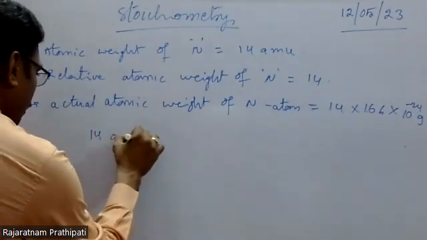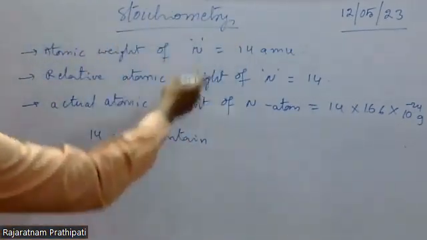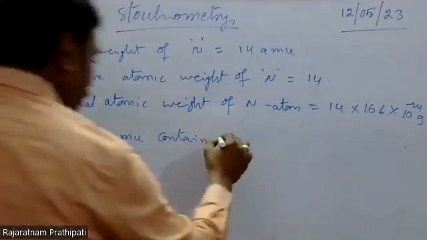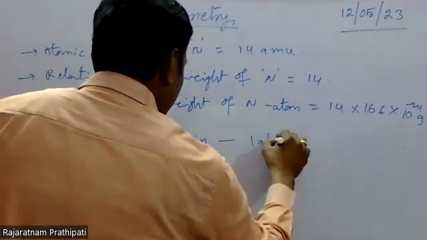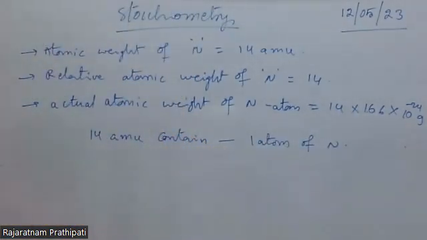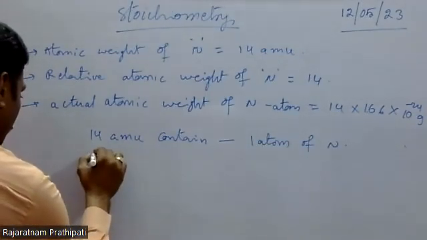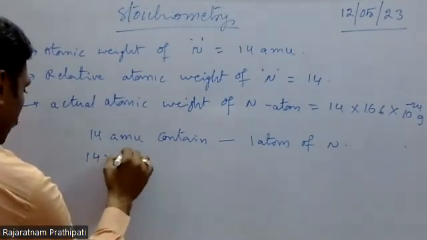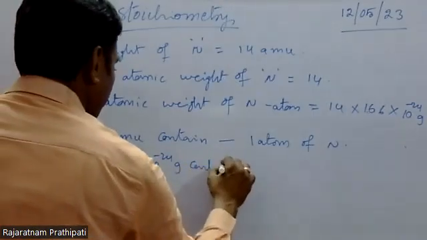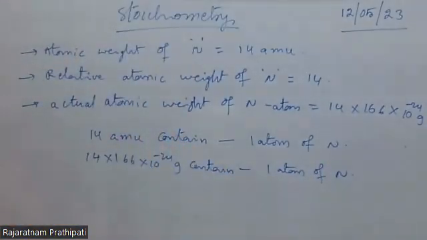Understand the three statements. Here 14 AMU contain one atom of nitrogen. And 14 into 1.66 into 10 to the power minus 24 grams contain one atom of nitrogen.